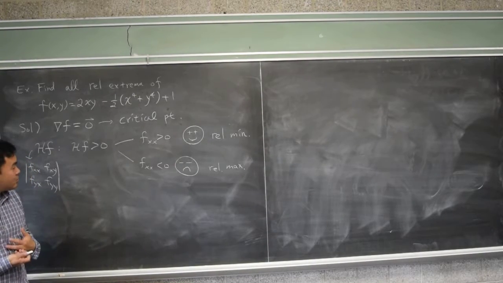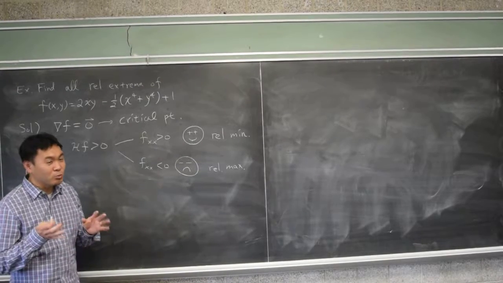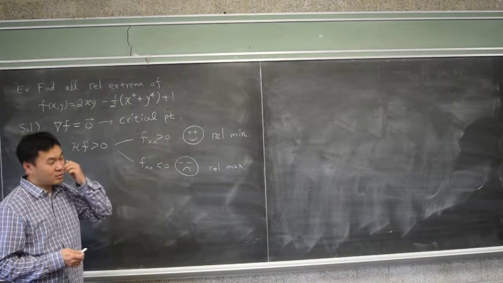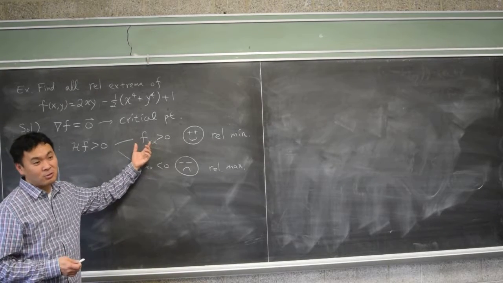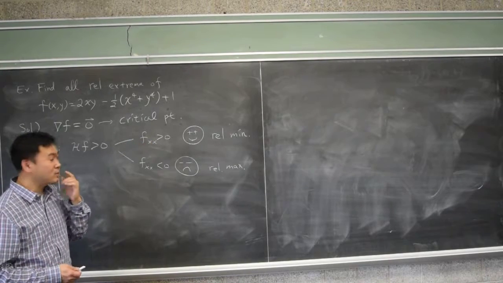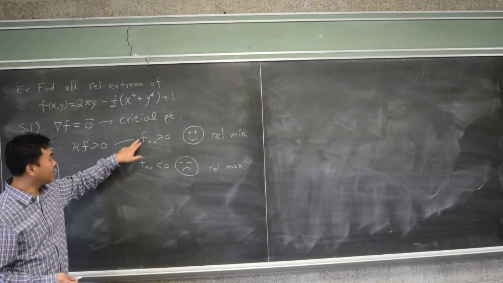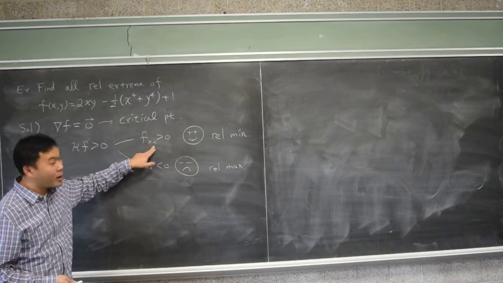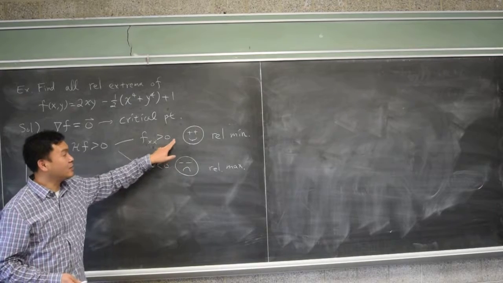Now, what that means is that in some rare cases, determining the sign of fxx is not so easy. So you can switch these statements for fyy. Instead of saying fxx being positive, if you notice that fyy is positive, then it's a relative minimum.